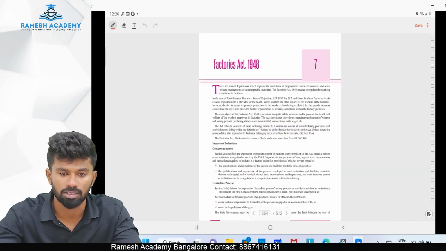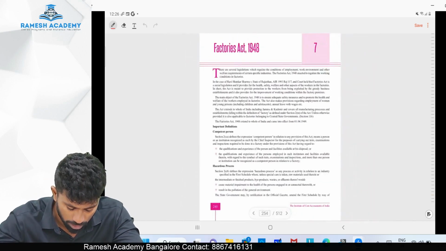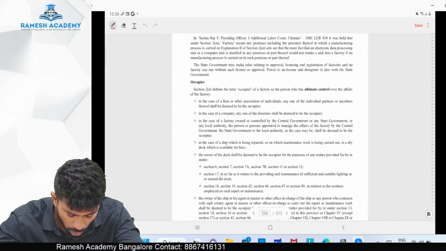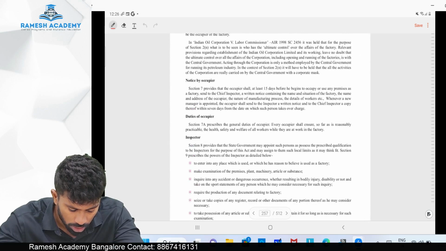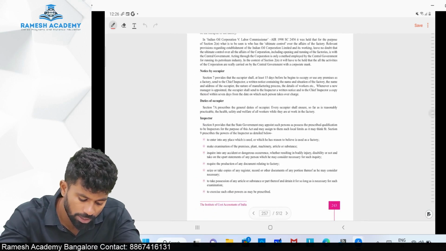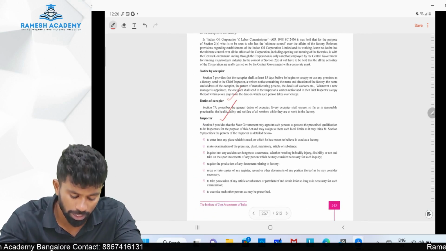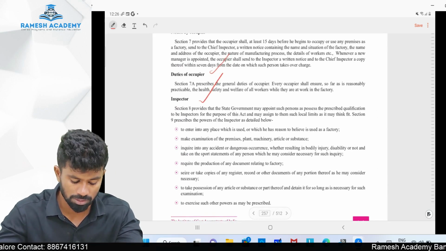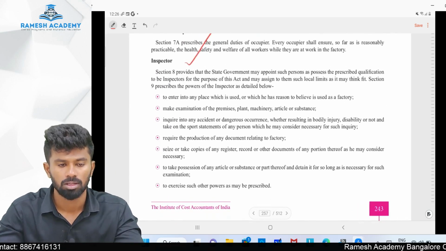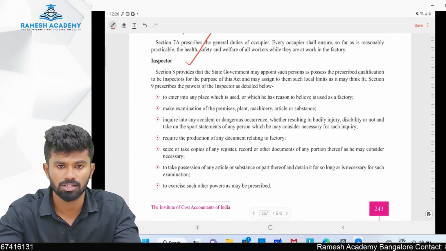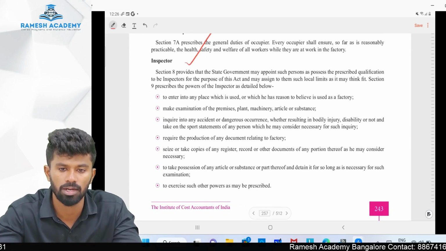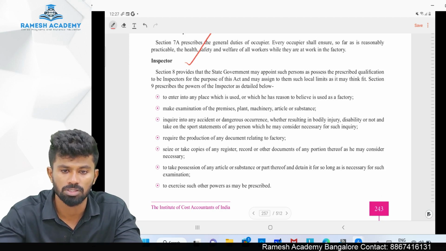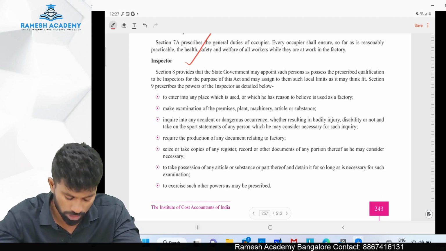Factories Act 1948, definitions we have discussed, occupier we have discussed, duties of occupier I discussed, inspector I discussed, section number 8, correct? Now, what are the powers of inspector? Have I discussed powers of inspector? We discussed, right? What he can do, he can enter, we can take samples, we can carry out investigation.